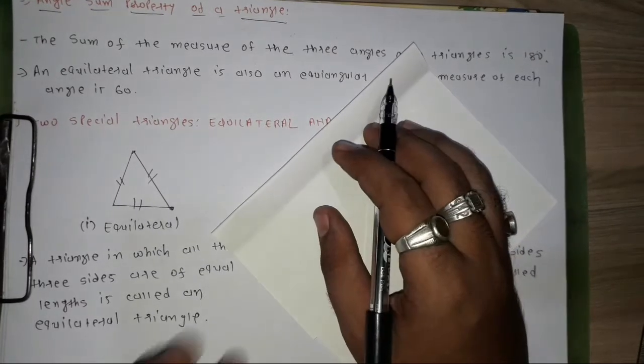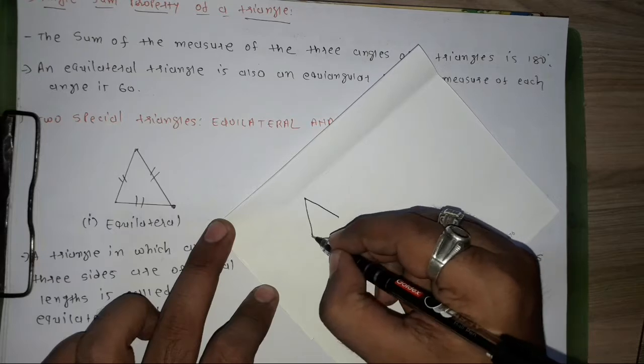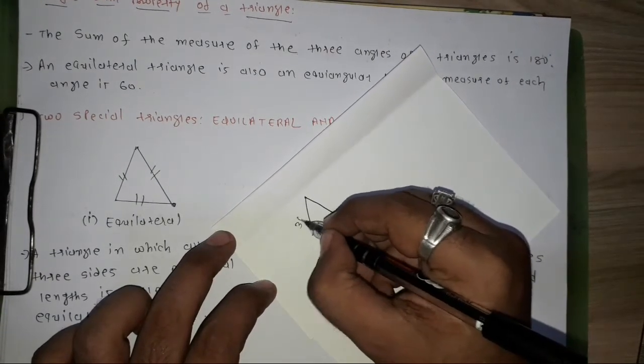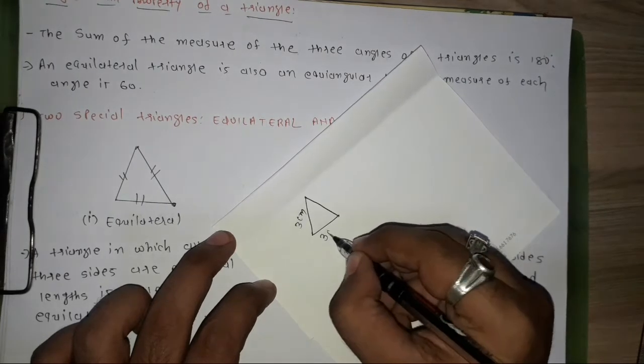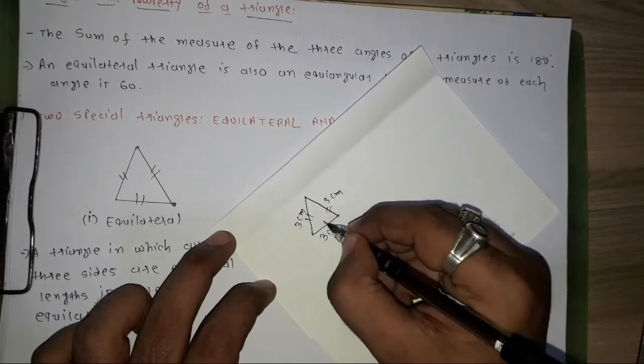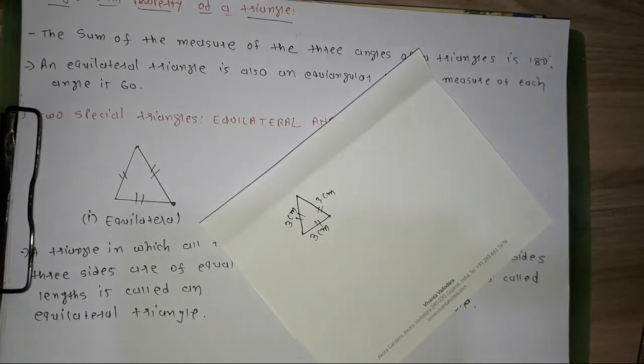So in a triangle, if all three sides are equal, then that type of triangle is called an equilateral triangle. For example, the measurement of this side is 3 centimeter, this one is also 3 centimeter, and this one 3 centimeter. So this is called an equilateral triangle because all sides in this triangle are equal.